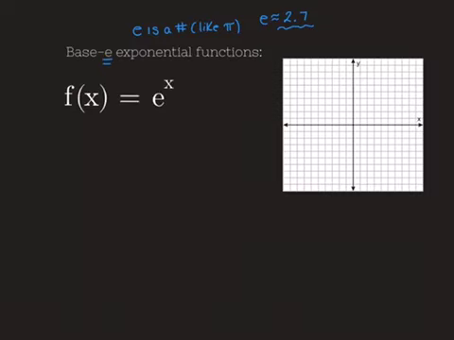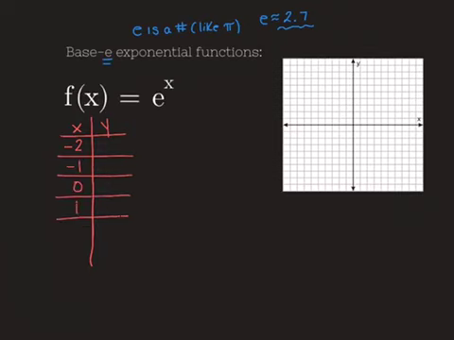But to graph this base E exponential function, we can do the same thing we were doing before by choosing our x values and then finding our y values. So we can use -2, -1, 0, 1, and 2. And we can plug those in, but again, we would need a calculator. We're just going to round these to 1 decimal place because we're graphing them anyway.